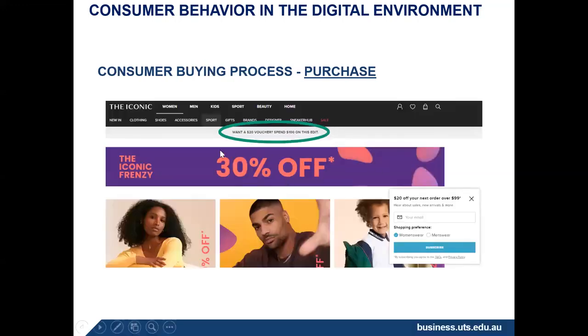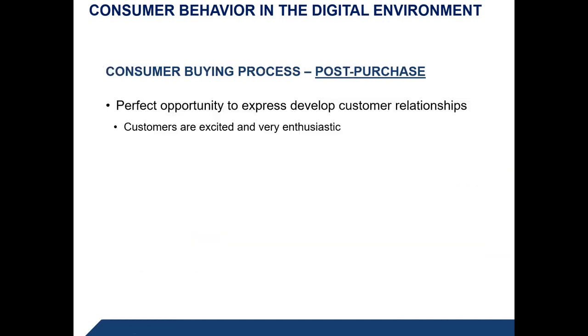Okay, so here's another example of nudging in the purchase process. You know how manufacturers and retailers nudge you by providing you with vouchers, enticing you with deals, and then finally we come to the post-purchase stage. In the post-purchase stage, imagine you've just bought your product, whatever you're after, your shoe, your laptop, or your hair dryer.